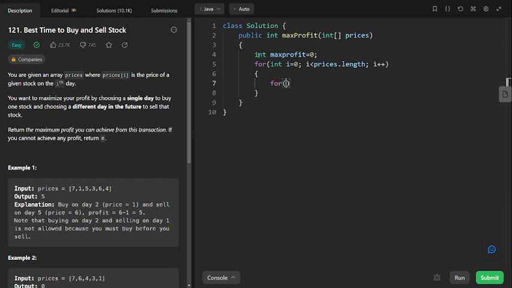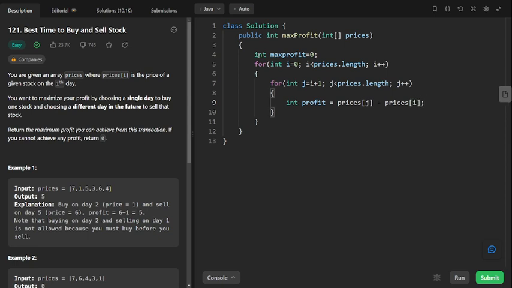Then for int j is equal to i plus 1, j less than prices.length, and then j plus plus. Then what? We will calculate profit. Int profit is equal to prices of j minus prices of i.